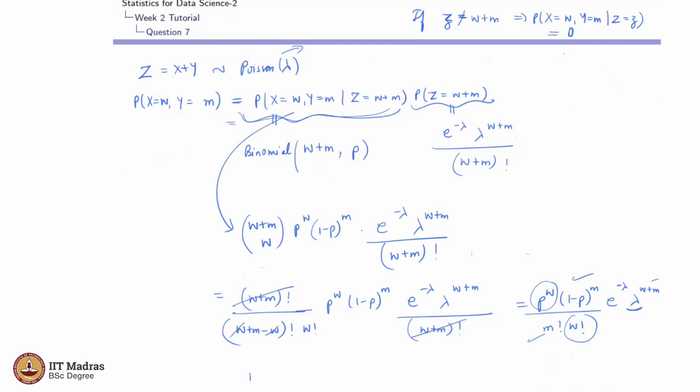So our final answer is p to the power w, 1 minus p to the power m, e to the power minus lambda, lambda to the power w plus m by m factorial w factorial.